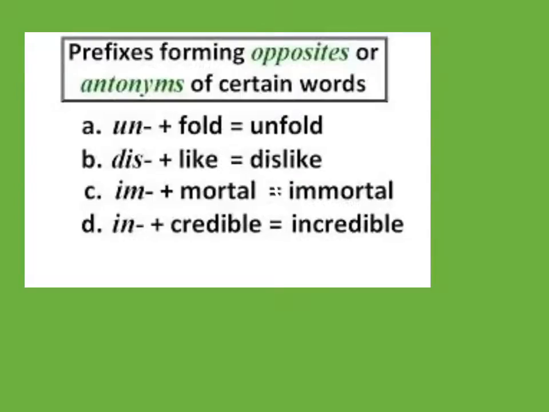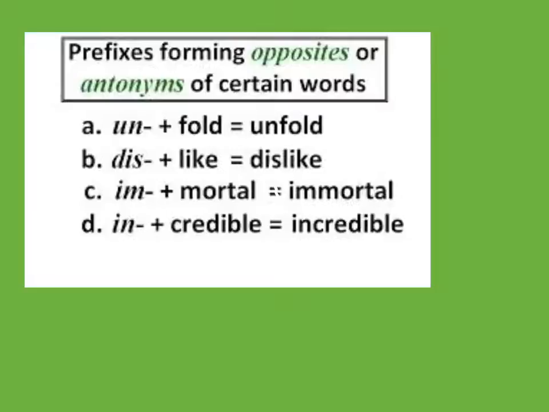We also see other words that form their opposites using prefixes of opposite. As we said, prefixes of opposite are used to form opposites or antonyms of words. So we see examples like the word fold. The addition of the prefix un in front of it gives the word unfold. Unfold now is the opposite of the word fold.